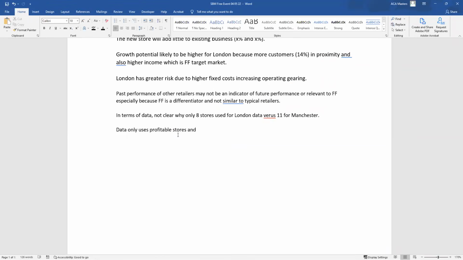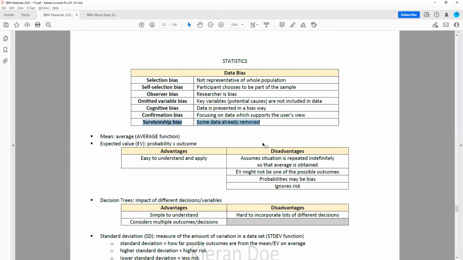So only uses profitable stores and includes survivorship bias, because it has ignored any stores which no longer exist. So you can say gone out of business. So again, you can see some obvious bias in the data there.